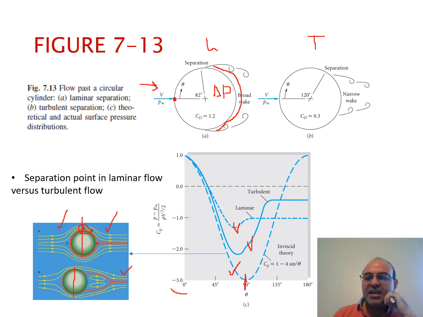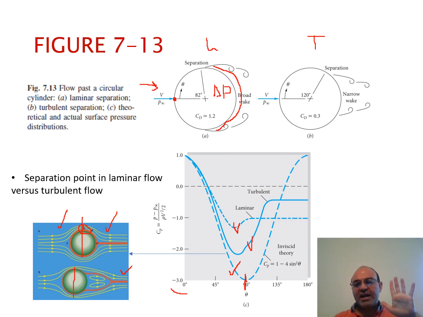In the case of a turbulent flow, because it's turbulent, it does have more kinetic energy, so the boundary layer remains attached to the surface at a larger angle. In this case, it's like 120 degrees.